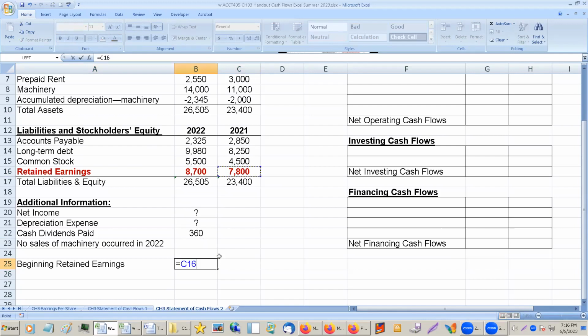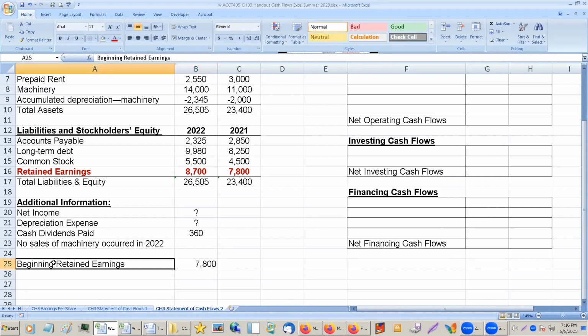So here's the ending retained earnings from 2021. That'll be the beginning for the next year. Then we have our net income, which we don't know what that is yet.